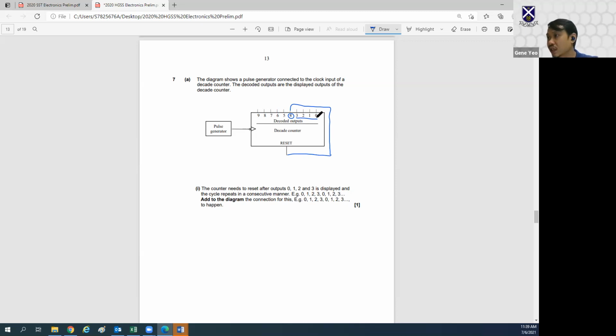So this will display 0, 1, 2, 3. But as it goes to 4, this signal will be fed back into the reset, so it resets back to 0. In this case, 5, 6, 7, 8, 9 will not have a chance to be displayed. It will only go 0, 1, 2, 3, reset, 0, 1, 2, 3, reset. So that is 7A.